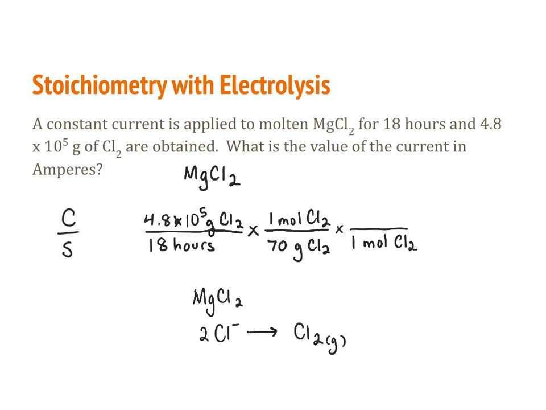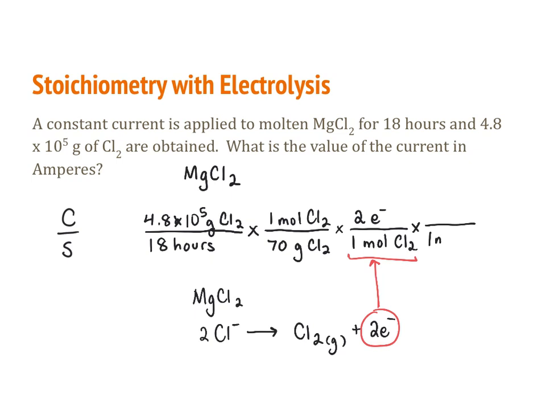And so that means in that process 2 electrons are being lost. So for every 1 mole of Cl2 that's formed, this is going to involve a transfer of 2 electrons. So this step is a little bit more critical in this problem than it was in the previous one. But don't ever forget to think about, in this chemical that I'm forming, how many moles of electrons are transferred.